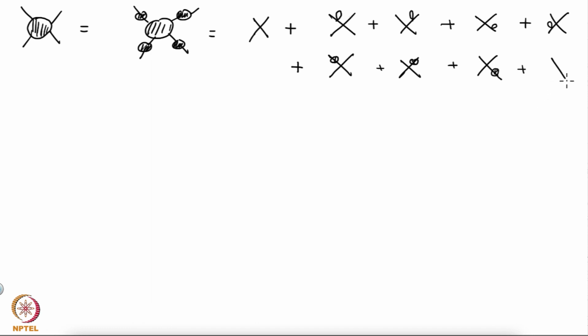And you can have this diagram. This is also present. And then let's call the momenta P1, P2, P3, P4. Let's assign momenta this way. So here also, and similarly on all these other diagrams.